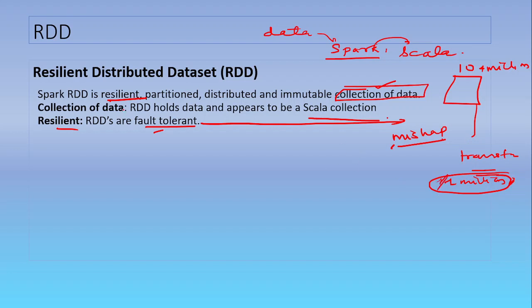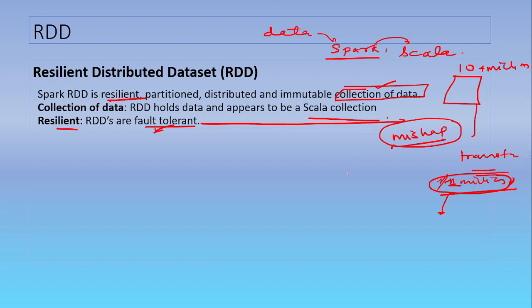Now let us imagine that your RDDs are fault tolerant. Then it can say, hey, you have done 1 million transformations, you can proceed further from there, even if you have a mishap or any problem on the software or hardware side. Any interruption on any side, it will take care of.